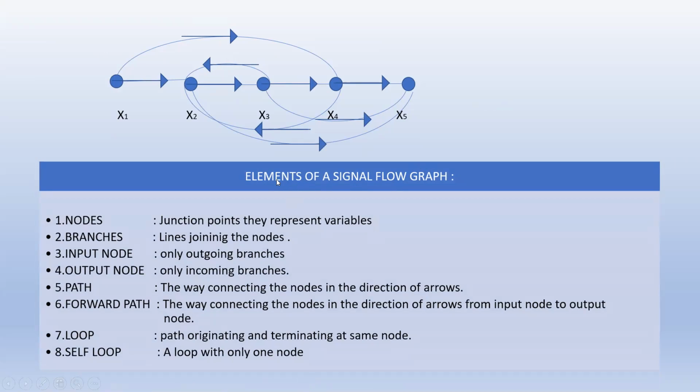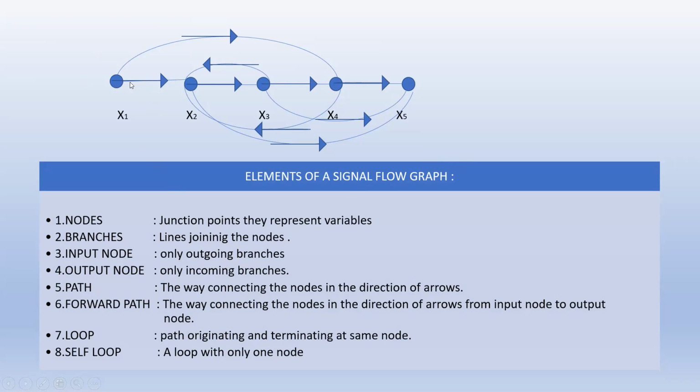Coming to the elements of the signal flow graph, we have nodes, which represent variables. These are nodes x1, x2, x4, and x5. Branches are the lines joining these nodes. An input node has only outgoing branches, the input being fed into this node. An output node has only incoming branches.